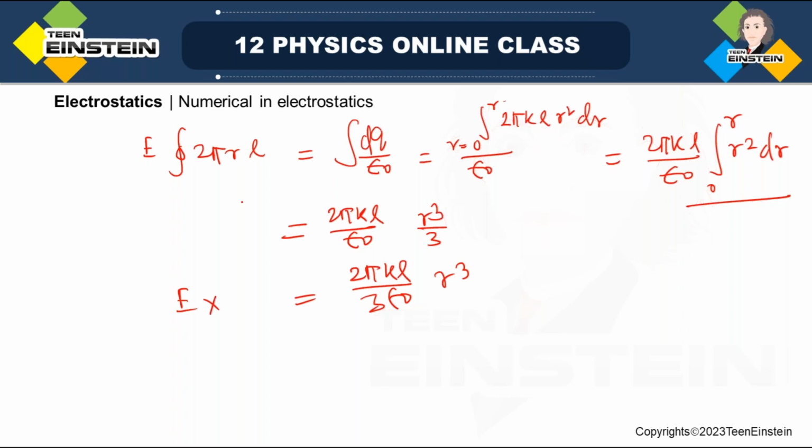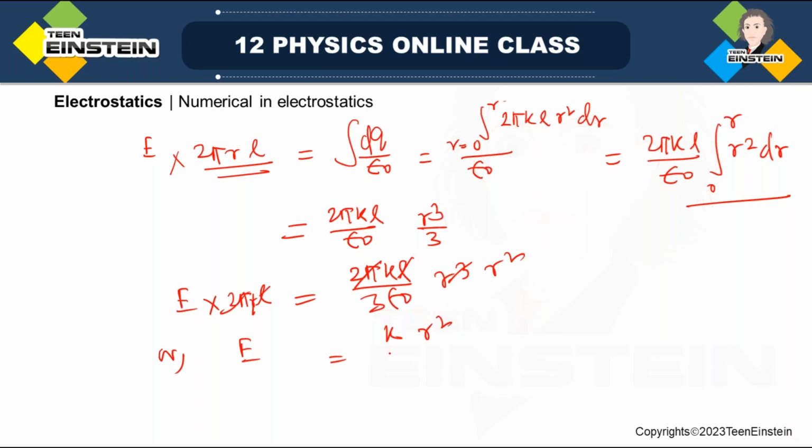And here it is E times the area, 2 pi R into L. So E will be, 2 pi L I can strike out, and this R can be struck out, leaving R square.